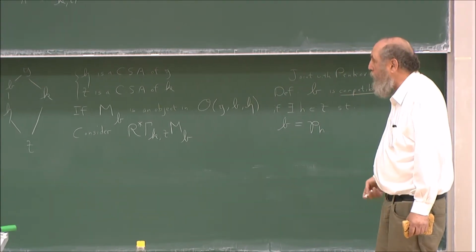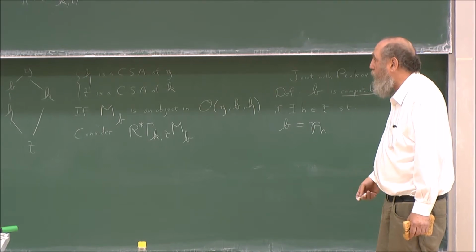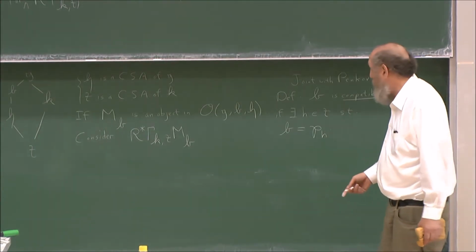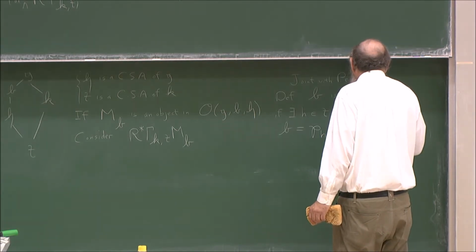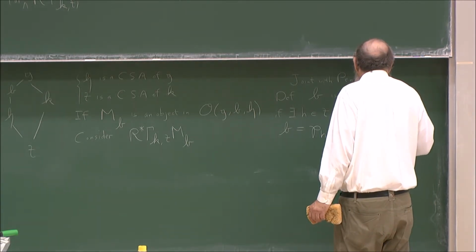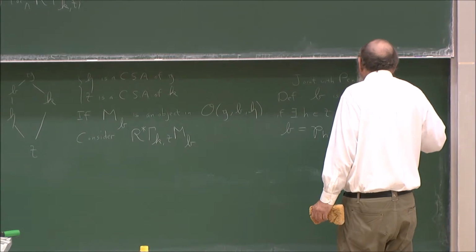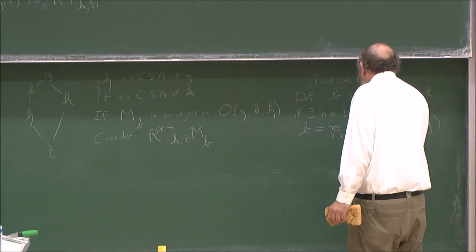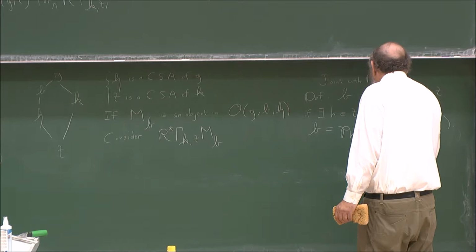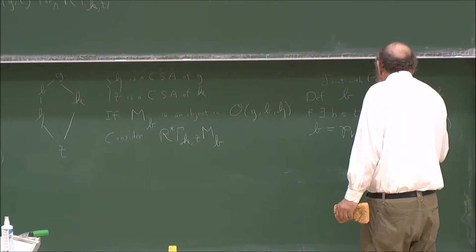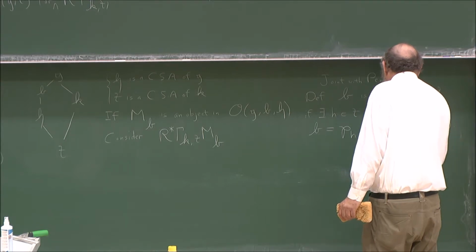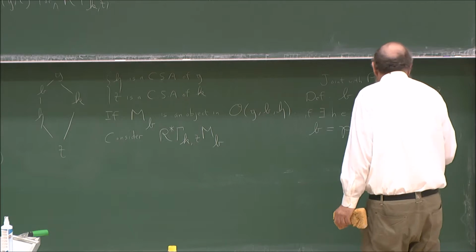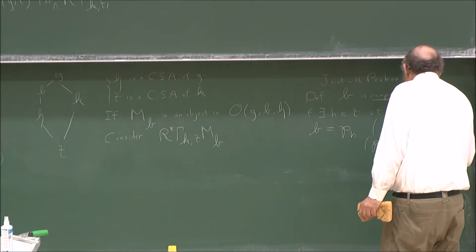Since K is acting reductively in G, the T consists of semisimple elements for G, and p_H is the parabolic subalgebra determined by H.